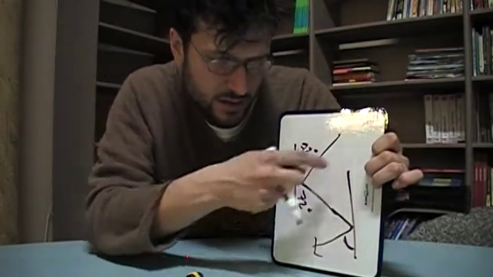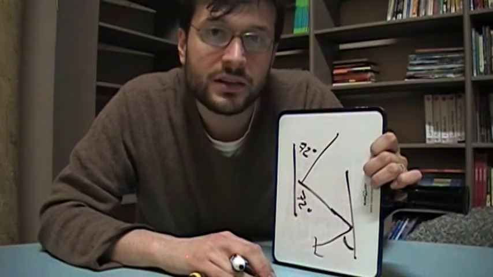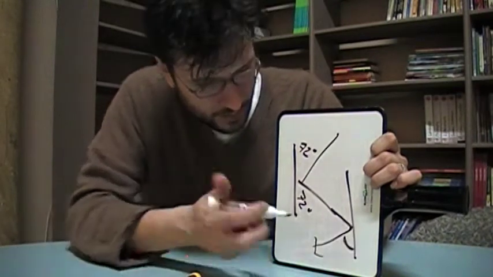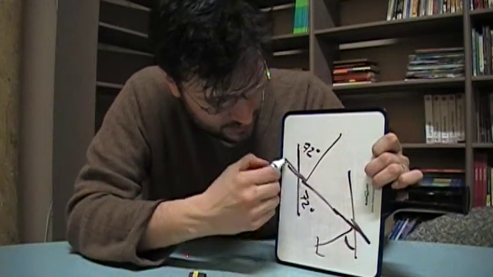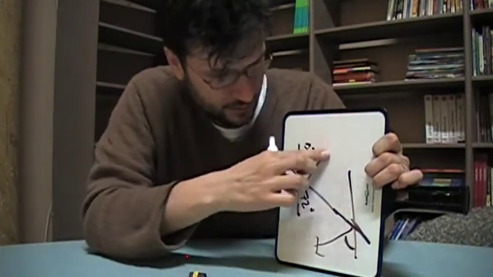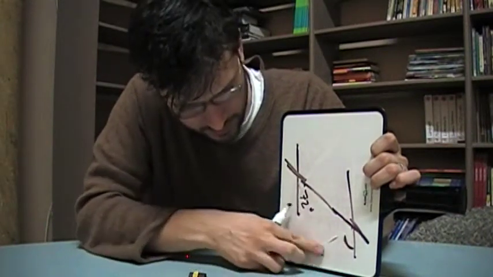Now, since these two walls are parallel to one another, that makes a transversal. And so if I were to extend this line and extend this line, we could make this a little easier to look at.